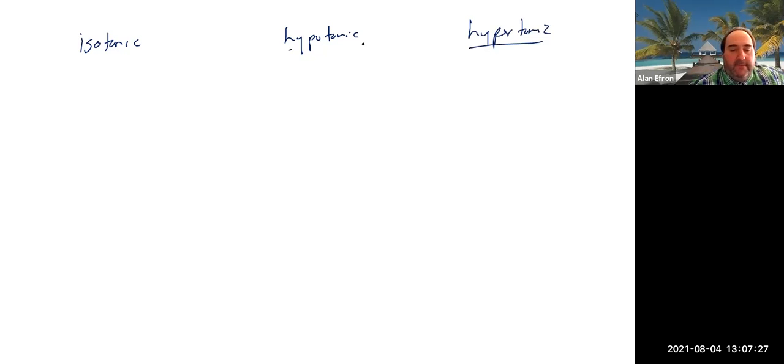We finish up this chapter, and really what you're responsible for, by talking about three types of solutions: isotonic, hypotonic, and hypertonic solutions. An isotonic solution exerts the same osmotic pressure as body fluids.